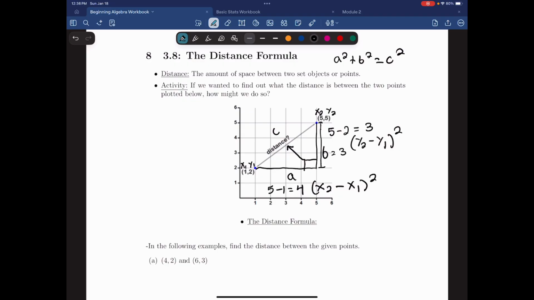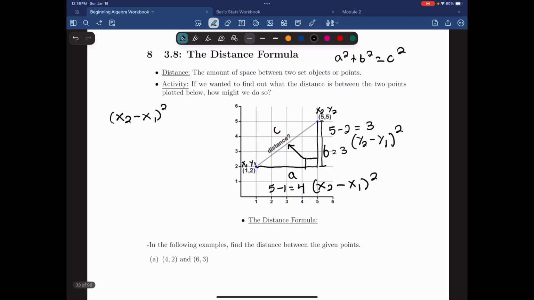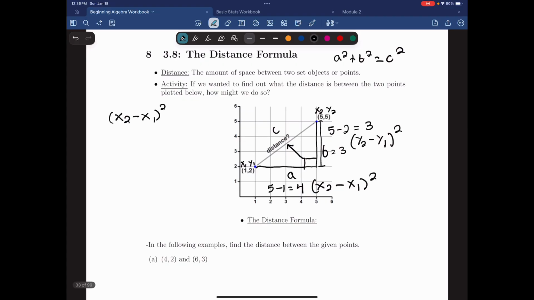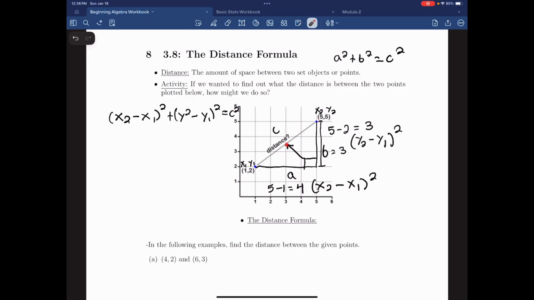So we have a squared, which is x2 minus x1 squared, and then we're going to add b squared, which is y2 minus y1, and we square that, and this is all equal to c squared. Now, we want to know the distance, right? So how might we solve for c?